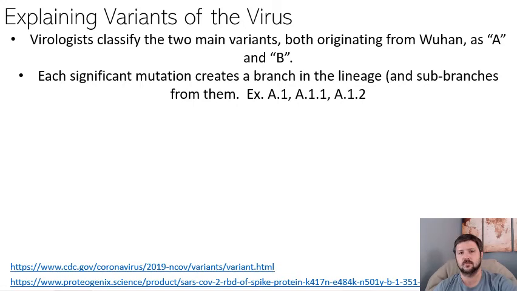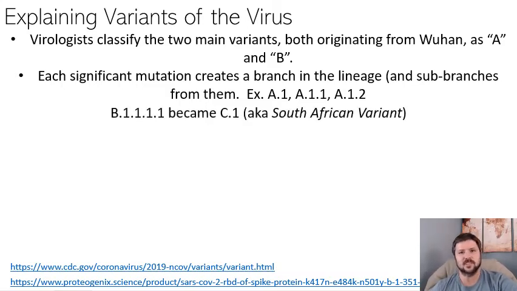And so you can make sub-branches off of these, like A1, A11, A12. Ultimately, there is a fairly new variant, it's not really new, I guess, but the South African variant, which was B1.1.1.1, so for like 4 ones, just became C1, and that is the South African variant.